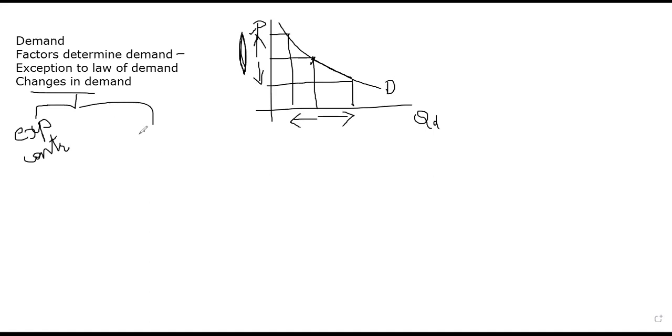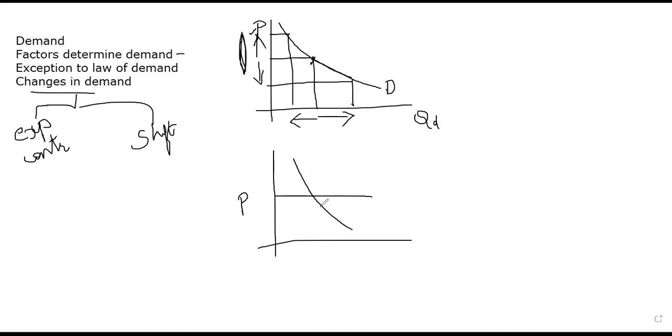The second one is the shifting of the demand curve. Shifting is basically due to price remaining unchanged, and other factors like income of the consumer, price of the related commodity, sometimes government regulations, or sometimes any unforeseen issues as mentioned earlier.